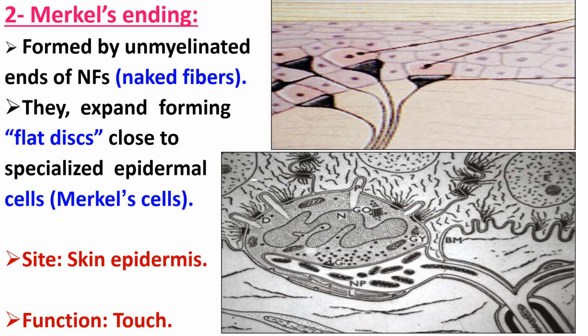It shows the non-myelinated end of the nerve fiber expanding to form a flat disc, also in close contact with Merkel's cells. So we have light microscopic and electron microscopic appearances for clarification of the structure of Merkel's ending.